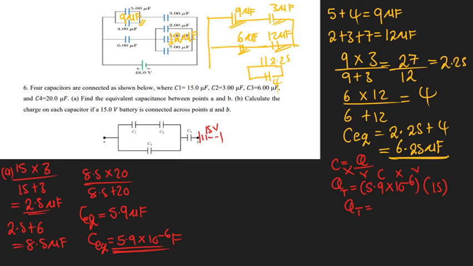So this is going to give us 8.85 multiplied by 10 to the power negative 5.